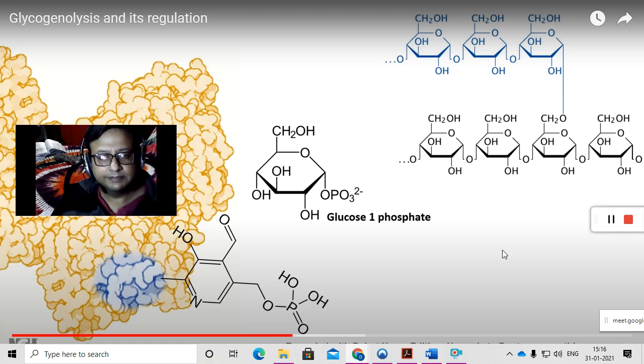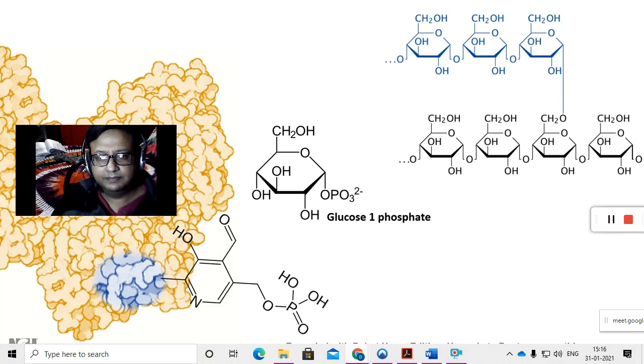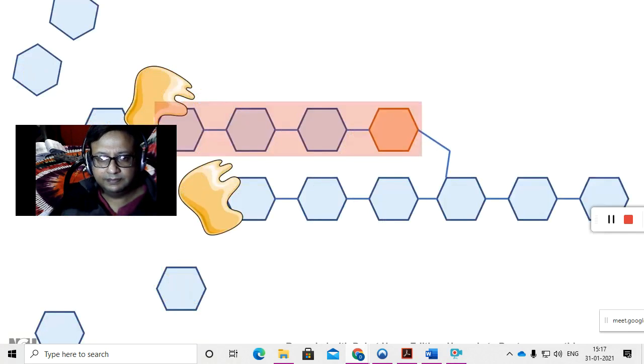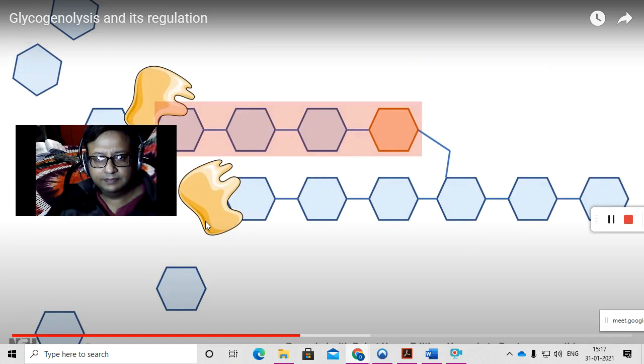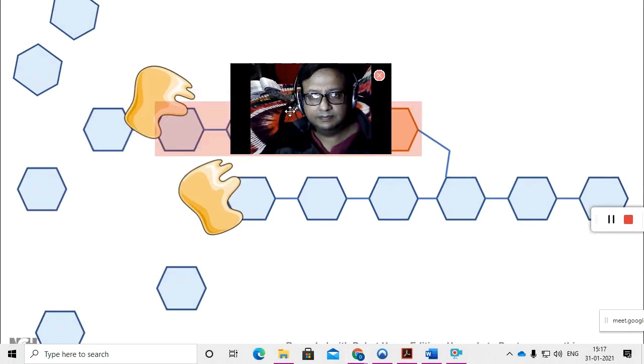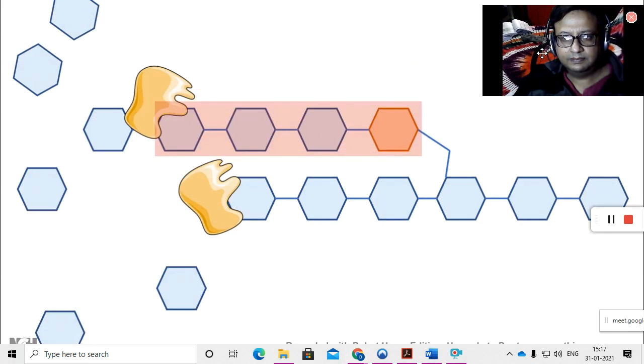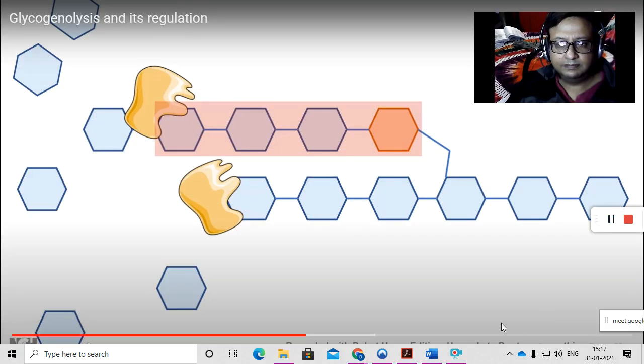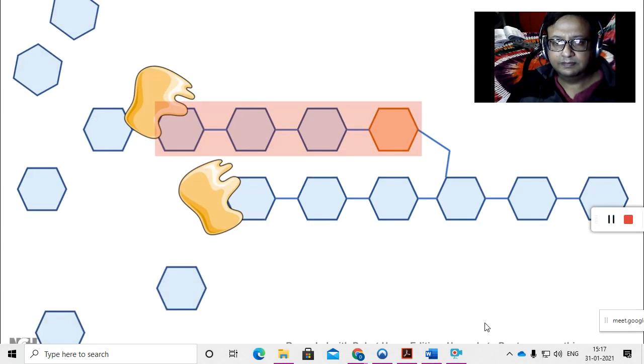This is how progressively the glycogen polymer would be degraded into glucose 1 phosphate residues. Now, whenever the glycogen phosphorylase gets to a point at least 4 residues away from the branch point, it halts.